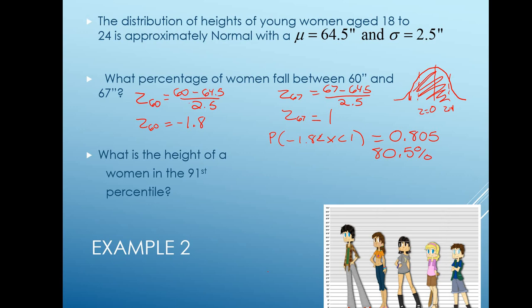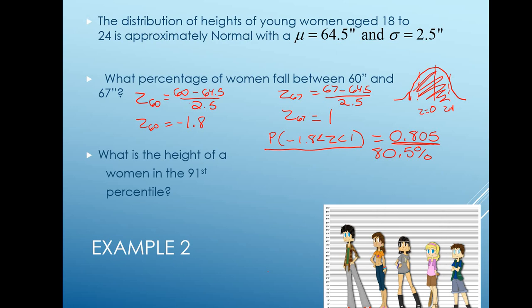So just later on, you'll see these probability statements. So we ask the probability that a value will fall between negative 1.8 and 1, and this should be a Z, so that our Z-score is between those two values. And when you're talking probability, it's always going to be as a decimal, but this one is a percent, so it's 80.5%.